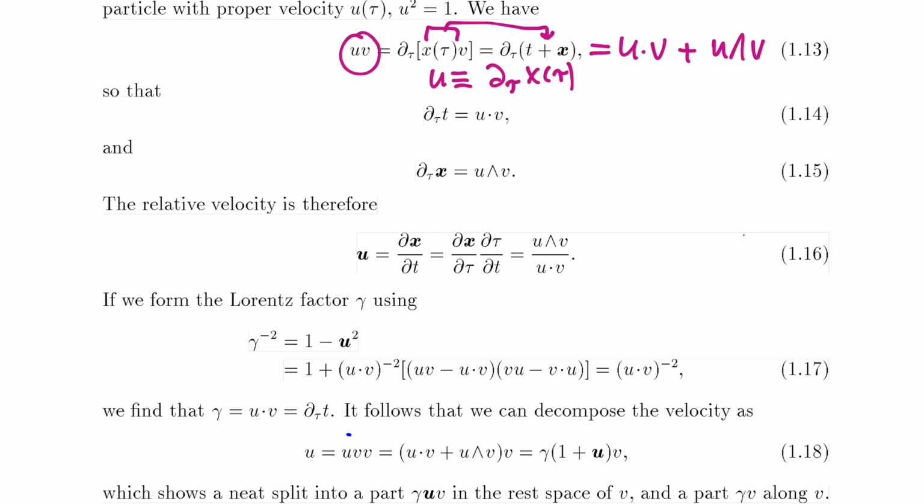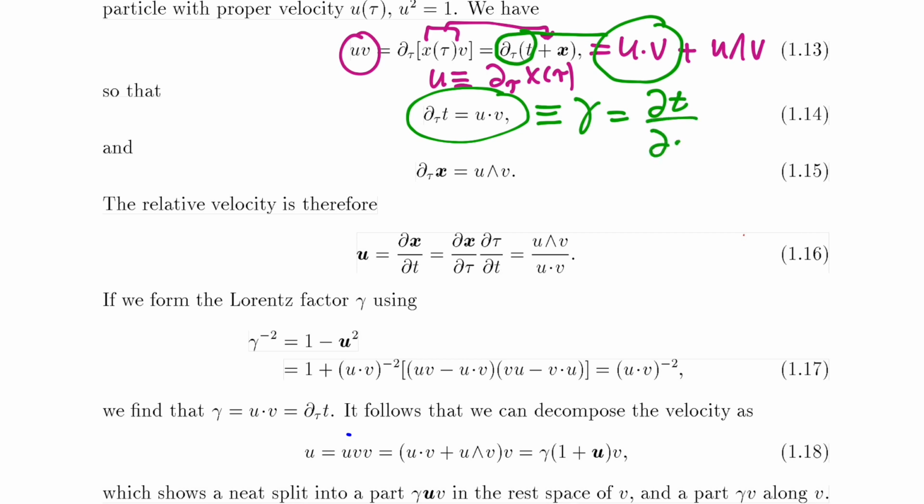And because of that, we can now equate the scalar term, not with t, but with d tau dt. So that gives us this expression, d tau dt equals u dot v. Now, with my sensibility about special relativity, I immediately know that this is gamma, the space-time factor gamma, because I know that gamma is the coordinate time versus the proper time.